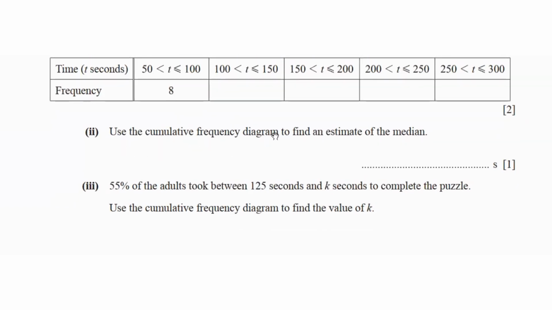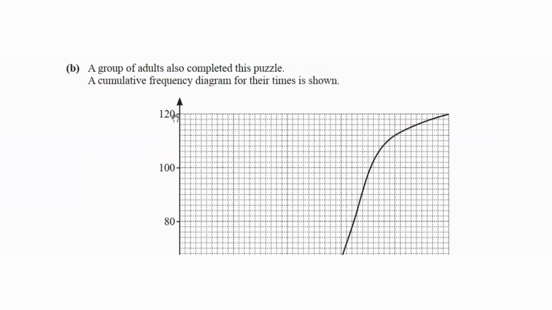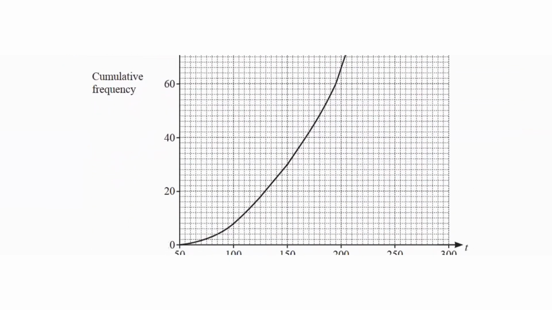Then it says use the cumulative frequency diagram to find an estimate of the median. So median will be half of this. Since the total is 120, the median value is going to start from the 60th value, and that is going to give us, we have 10 divisions.